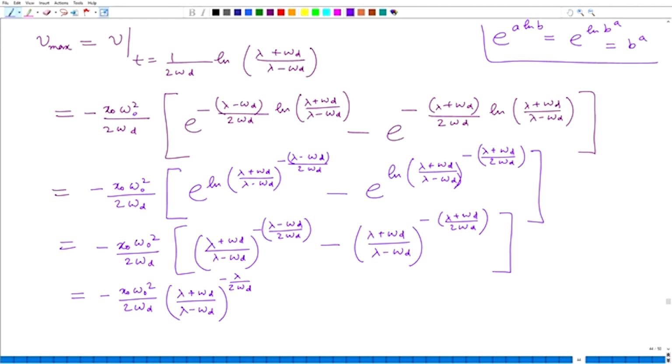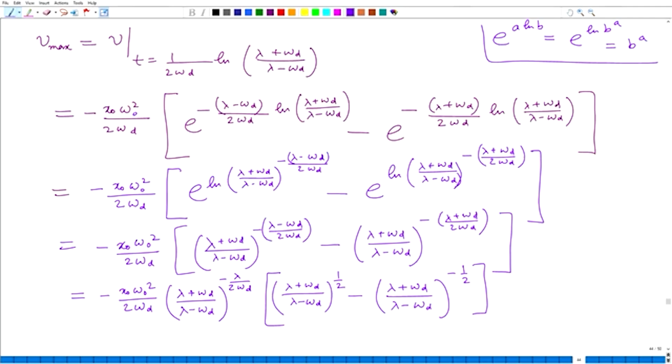That you can take common from both sides, and from the first term you will still have (lambda plus omega d) by (lambda minus omega d) to the power, so that should be plus omega d by 2 omega d, which will be plus half. Then there will be a minus sign, and I will have (lambda plus omega d) by (lambda minus omega d). Here again you will have minus half, okay.